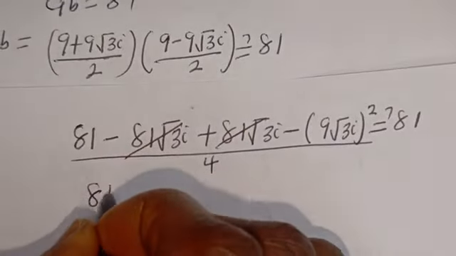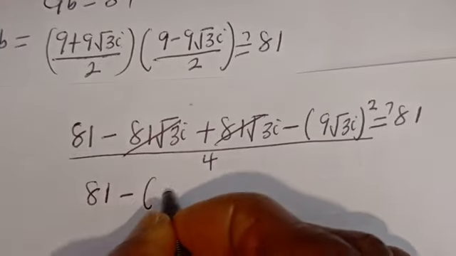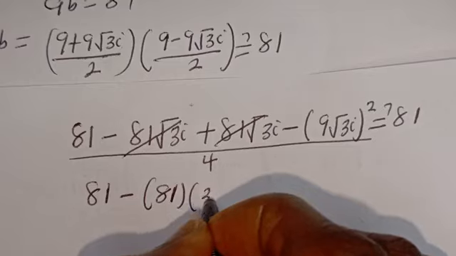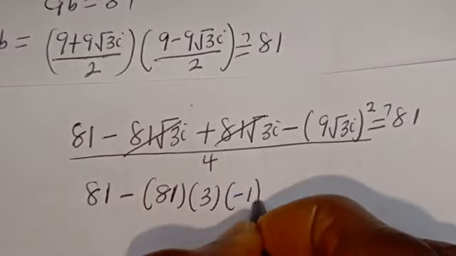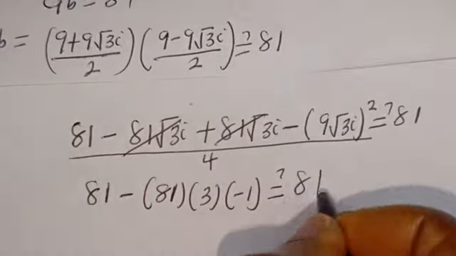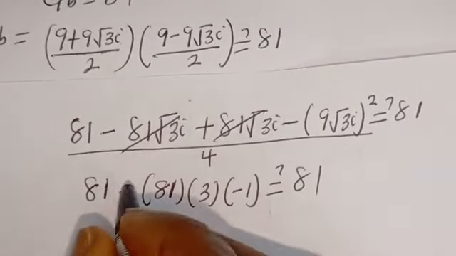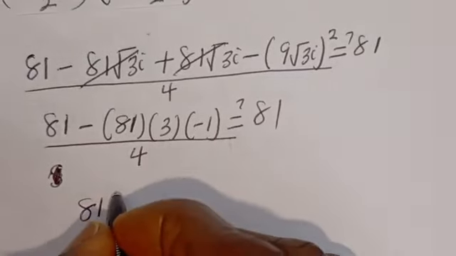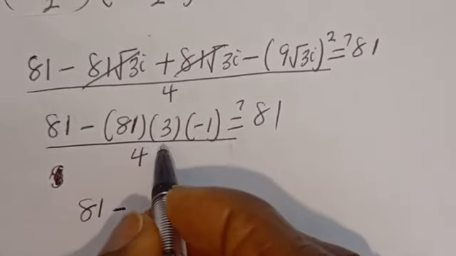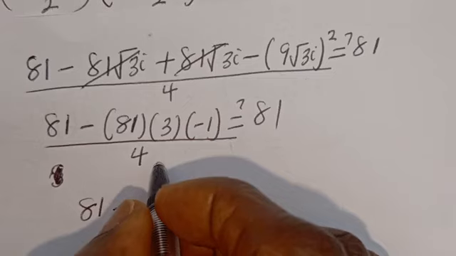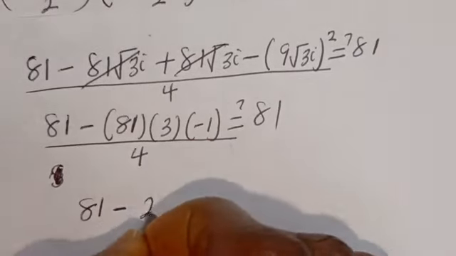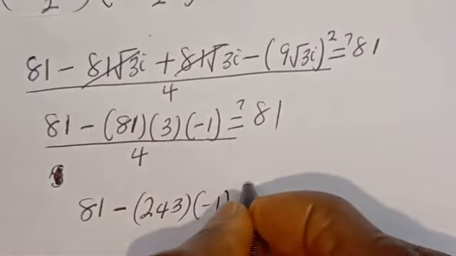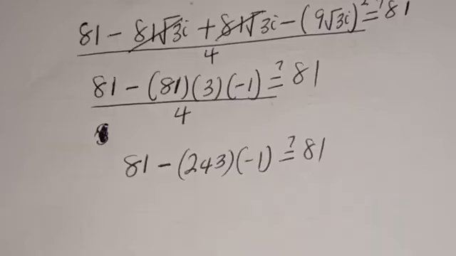We have 81 minus bracket, here is 81 multiplied by 3 multiplied by minus 1, must be equal to 81. Then we have 81 minus 81 times 3, that is 243, multiplied by minus 1, must be equal to 81.